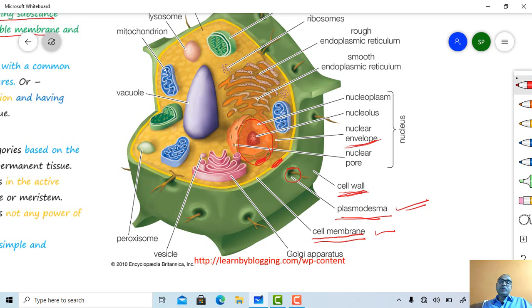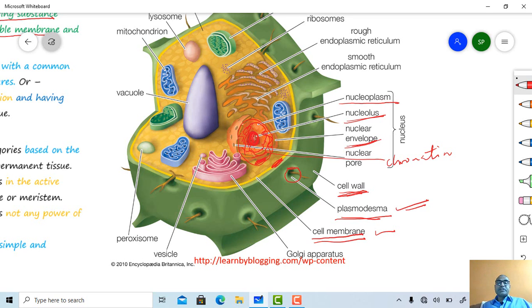This nuclear envelope encloses a fluid which is called nucleoplasm. Within the nucleoplasm, thread-like structures are present which at the time of cell division become condensed and produce the chromosomes; that is called chromatin material. Not only chromatin material, but the nucleolus is also present within the nucleus.